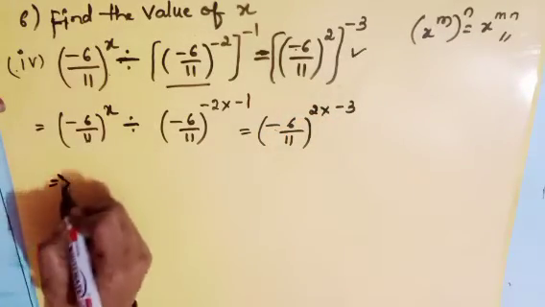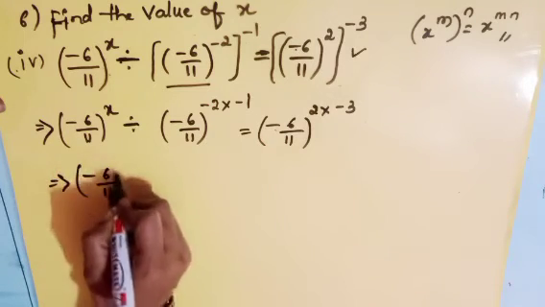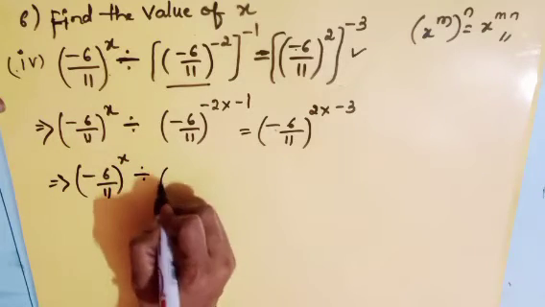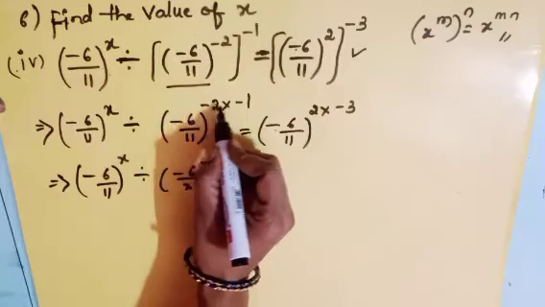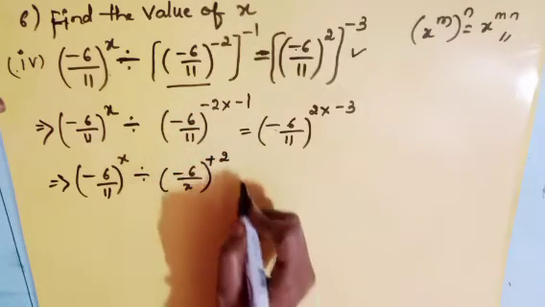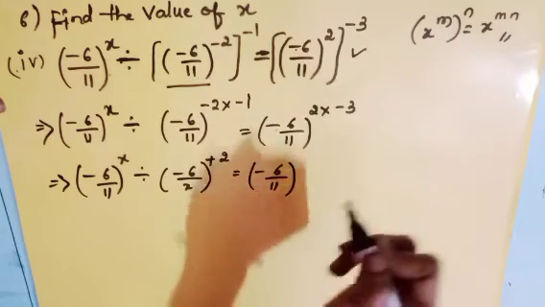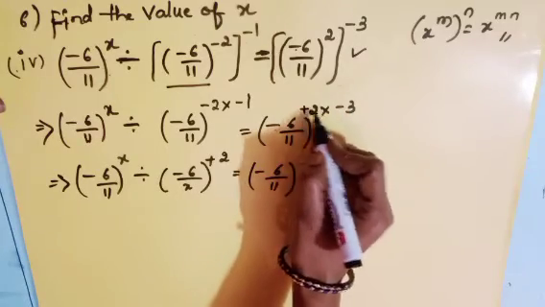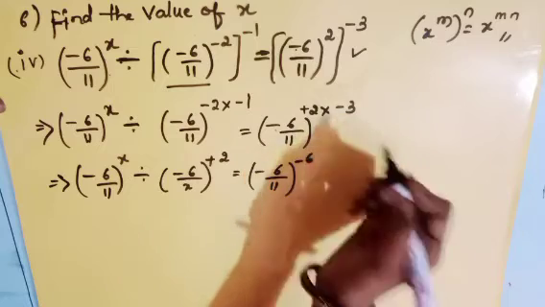Next, (-6/11)^x divided by (-6/11) to the power of minus into minus is plus, 2 ones are 2, equals (-6/11) to the power of, first simplify the sign, take it as plus, plus into minus is minus, 2 threes are 6, we have to multiply here.